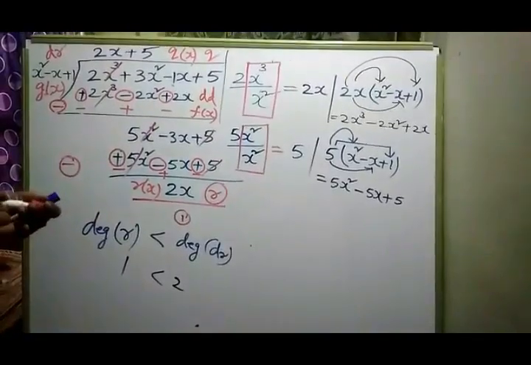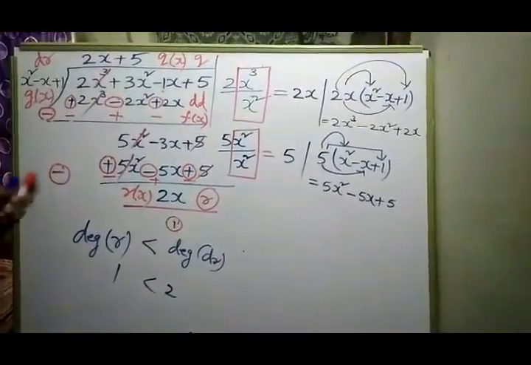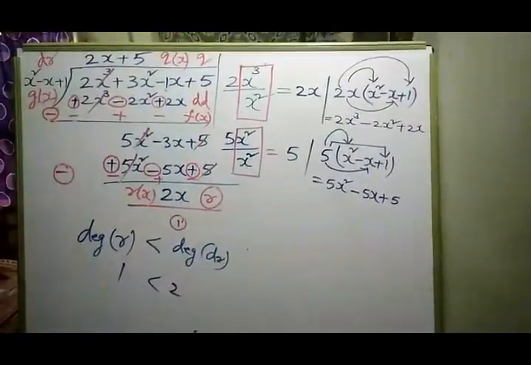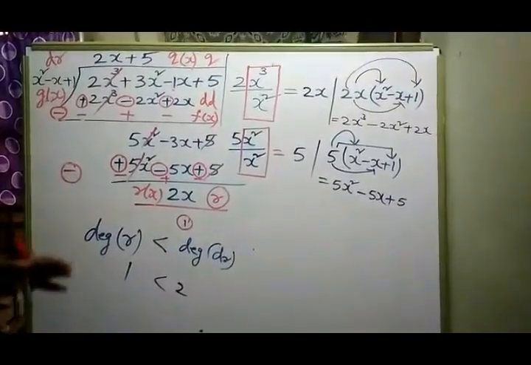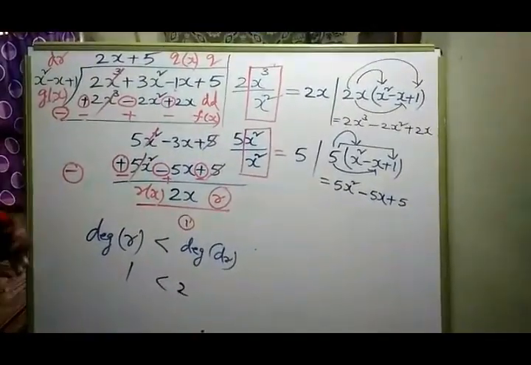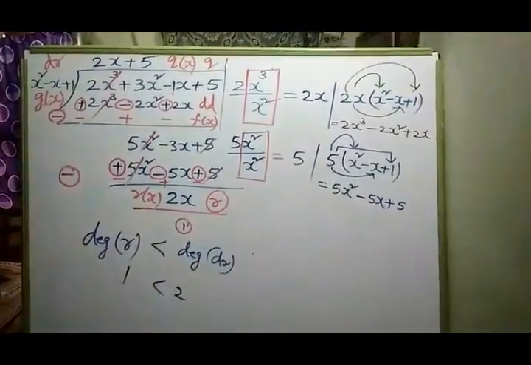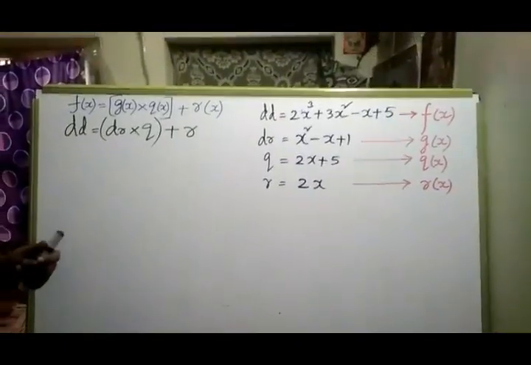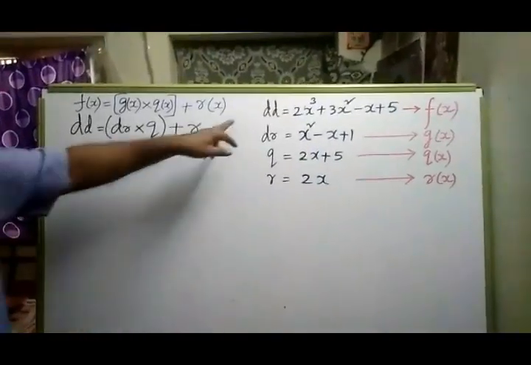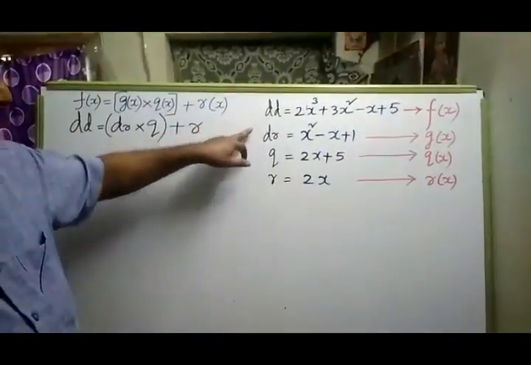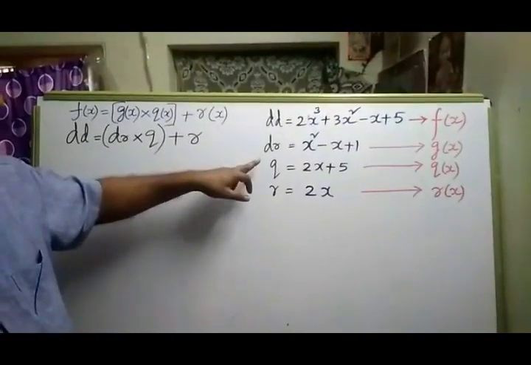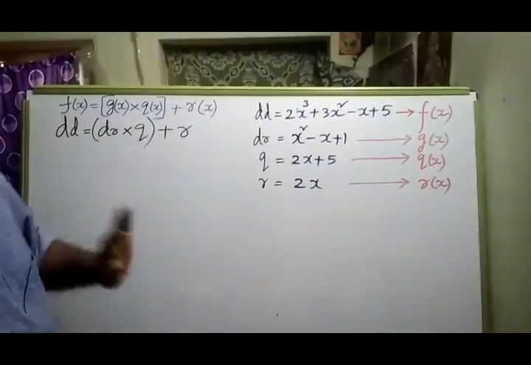So by using this terminology, we are going to verify the division algorithm. Here dividend divided by divisor, we got quotient and remainder. These two are the answers.